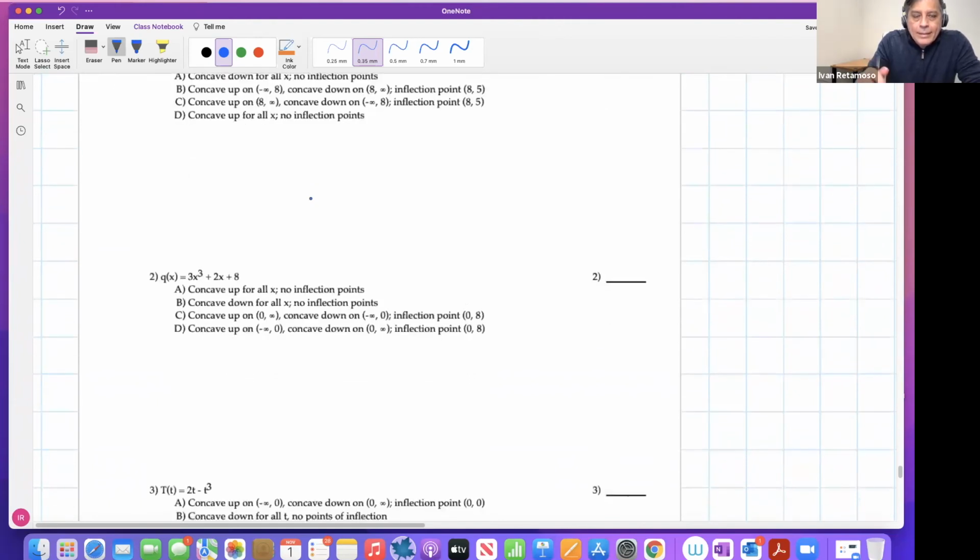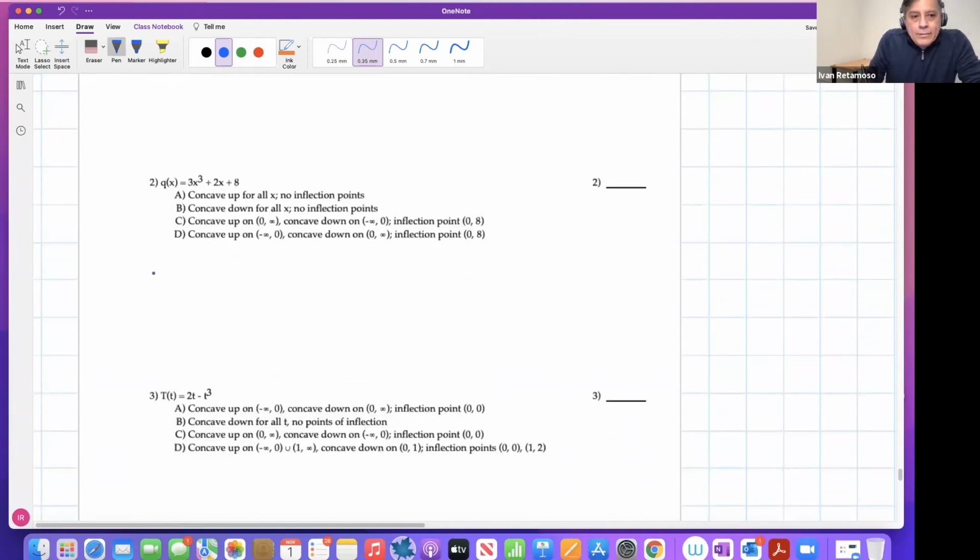So suppose we have this function q of x equals 3x cubed plus 2x plus 8, and I am going to figure out where it is concave up, where it is concave down, and also where the concavity changes and therefore find the inflection points. So let's start by taking the first derivative. That is 9x squared plus 12, right? Plus 2, sorry.